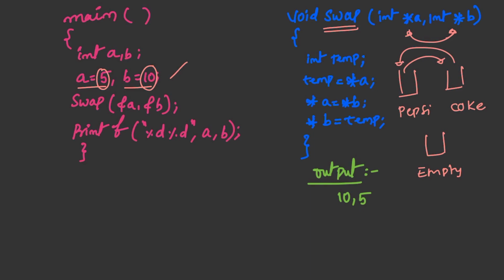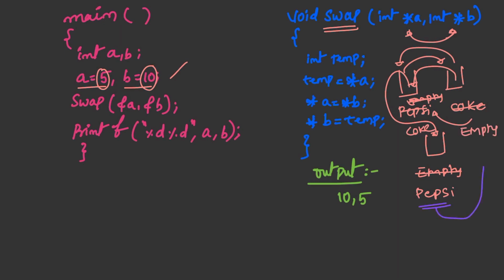What you generally do is take the Pepsi into the empty container. Now this container contains Pepsi and the first is empty. As this is empty, you transfer the Coke to it. So the Coke has been transferred, this becomes Coke and the other is empty.